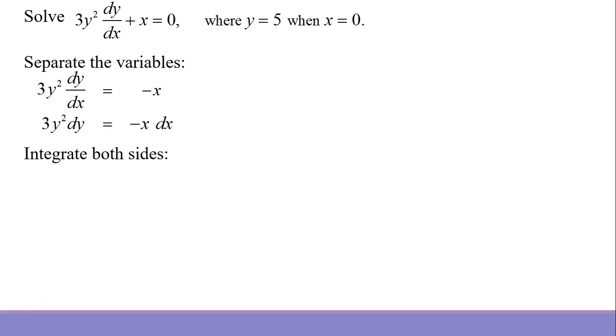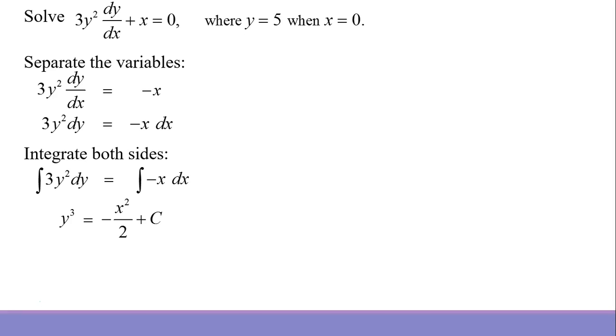So we're ready to integrate both sides to find the antiderivative of both sides of this equation. The antiderivative of 3y squared dy is y cubed, and the antiderivative of negative x dx is negative x squared over 2 plus c. Now technically we do get a plus c on both sides of the equation, but we're just choosing to combine both of those arbitrary constants into one constant on the right side of the equation.